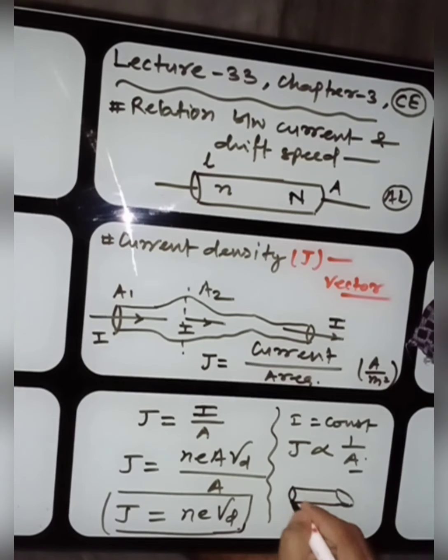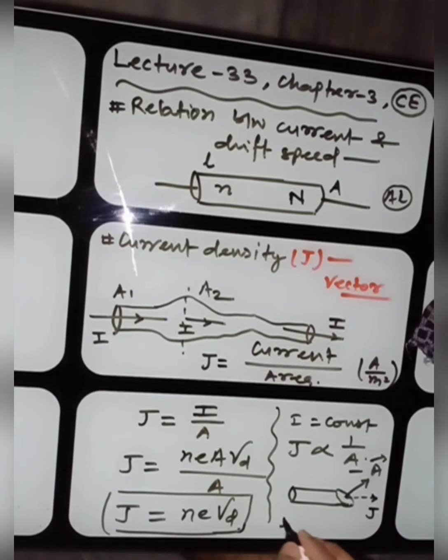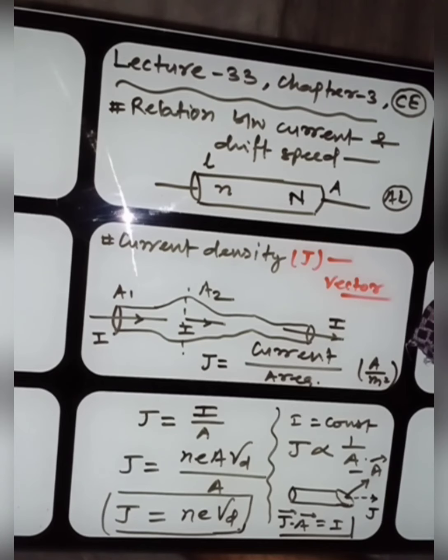If this is the conductor and this is the surface area vector A that we have studied in Gauss law, and this is the current density, if it is perpendicular, then J dot A will give you the current I. Remember, this is the vector form.